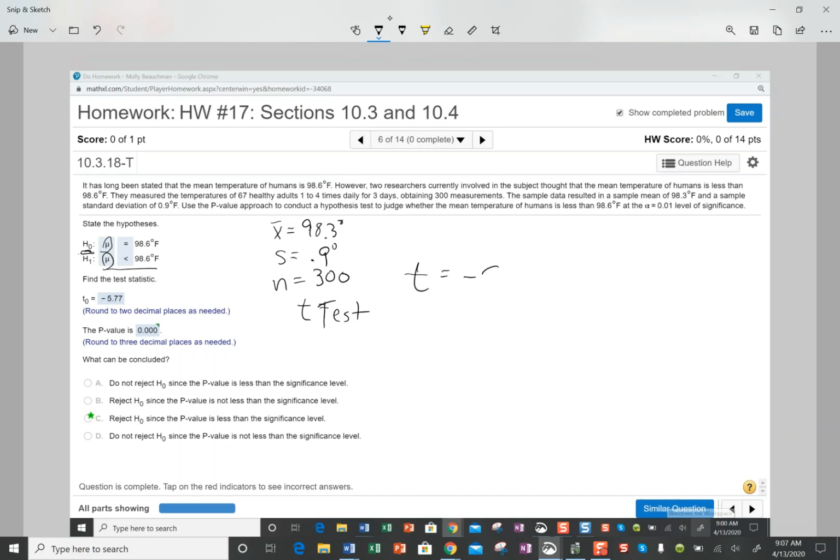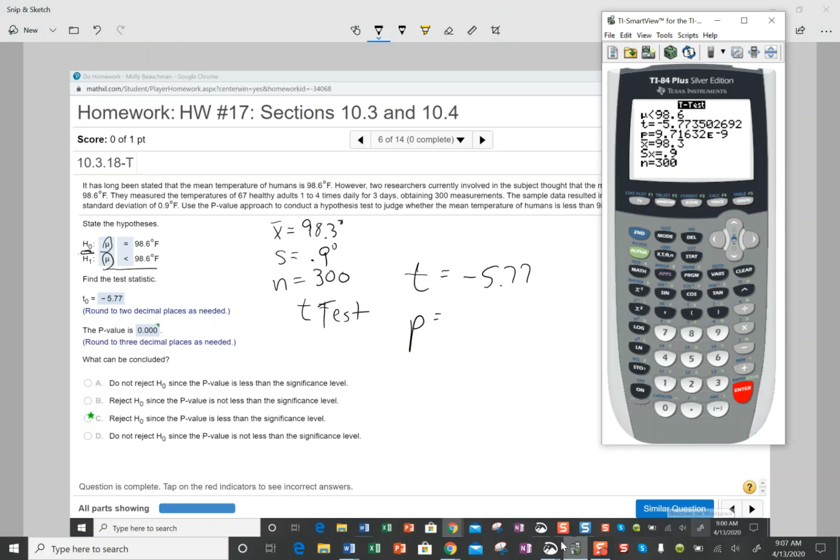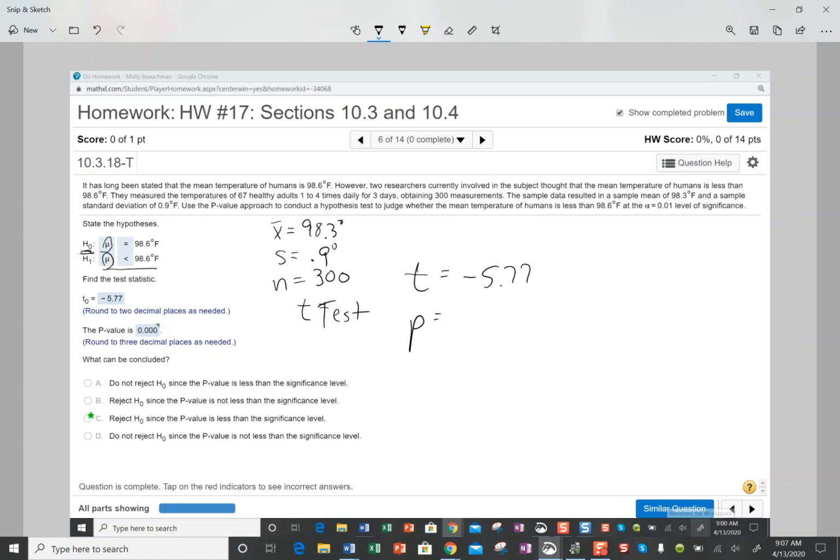The p-value is 9.71 times 10 to the negative 9. That means take the decimal point and move it back 9 places. So this is how come the p-value is basically 0.